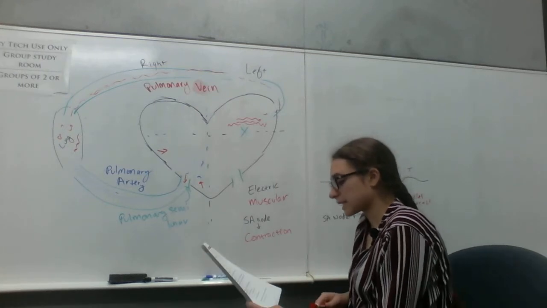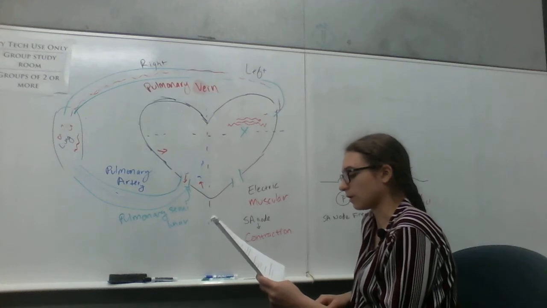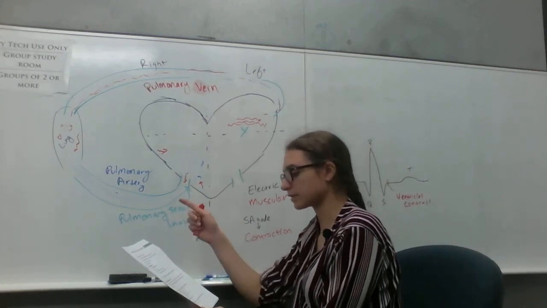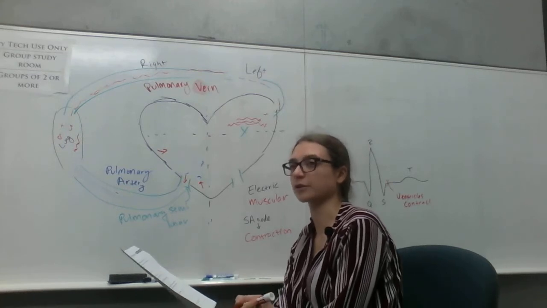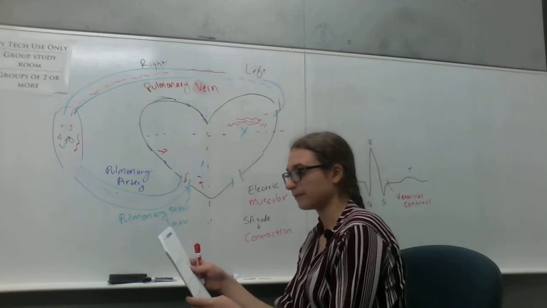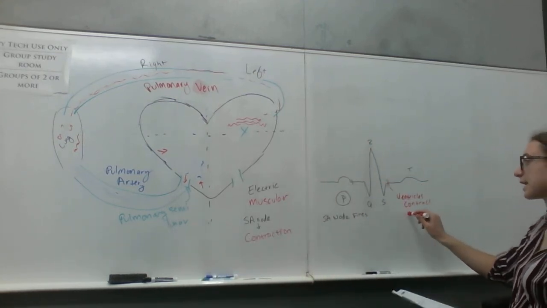So number 3 says blood leaves the ventricle and pushes from the ventricle through the pulmonary trunk, pulmonary artery. So you were right about the trunk. Okay. So number 3, the answer is pulmonary trunk and artery. So that just happened there.